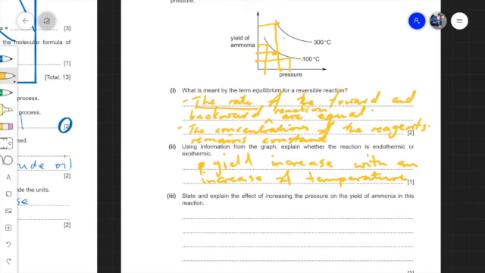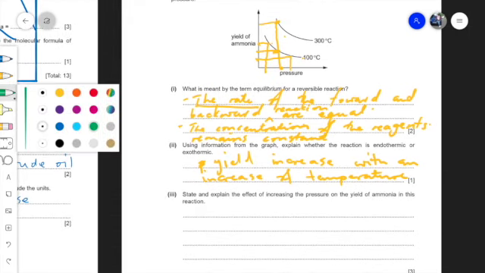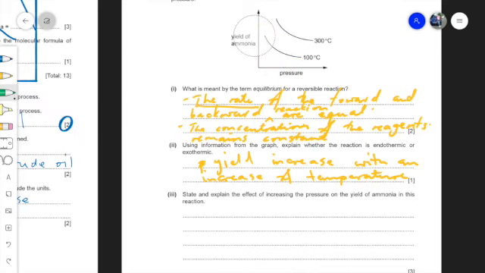Now, we have already noticed something, right? We've got 2 points, this point and that point.